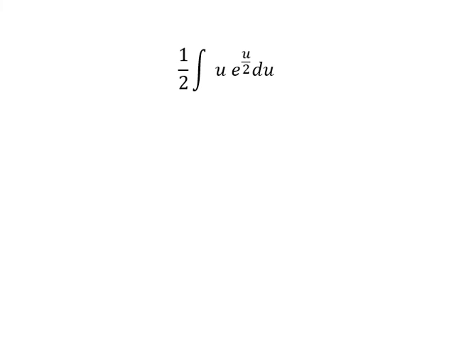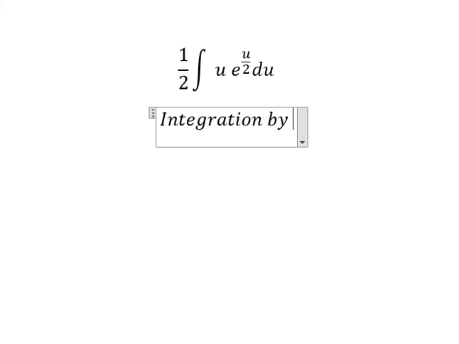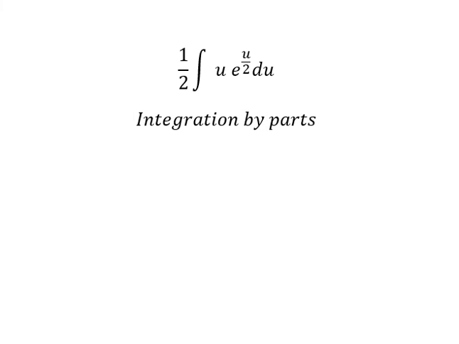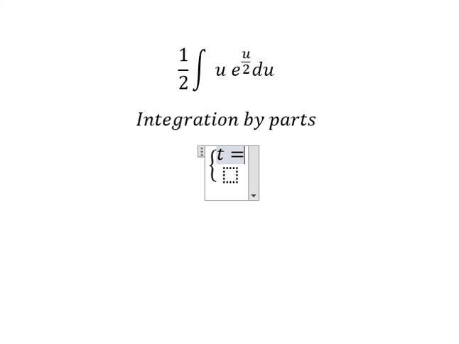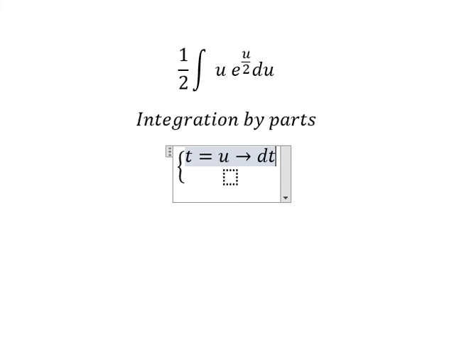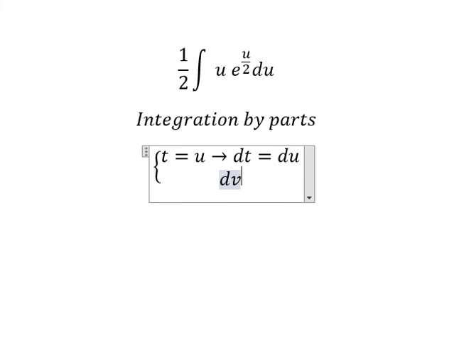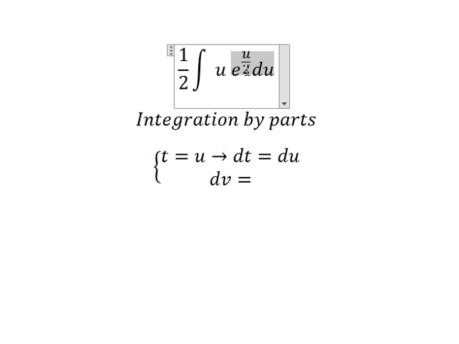Now we need to use integration by parts. So we need to put t equals u. Later we do the first derivative for both sides, and you got dt over du. dv we have this one in here.